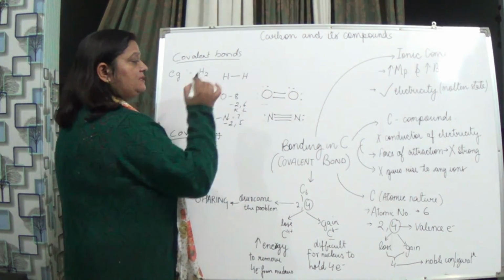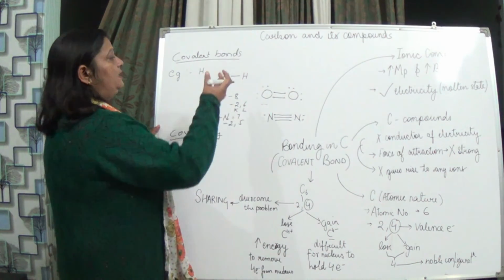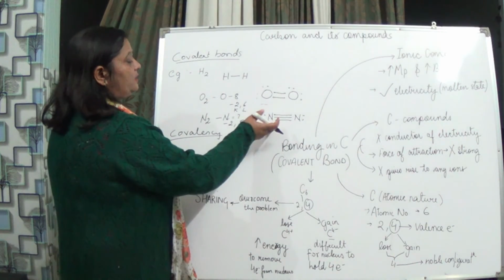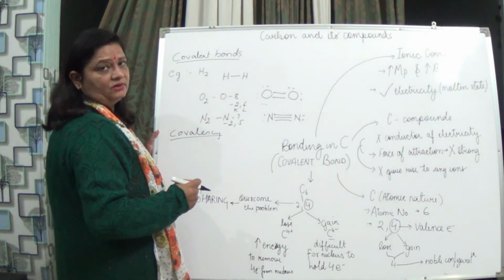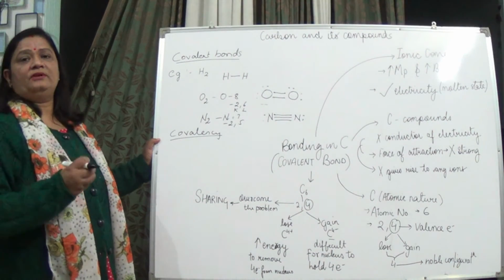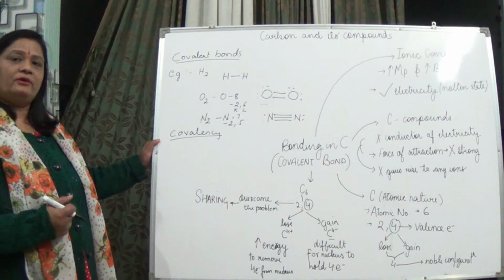So for one, it is how many? It is 2. Like here, for hydrogen, it is 1. If we are talking about the covalency of nitrogen, it is 3. So covalency is the number of electrons which are contributed by the atom in the covalent bond formation.